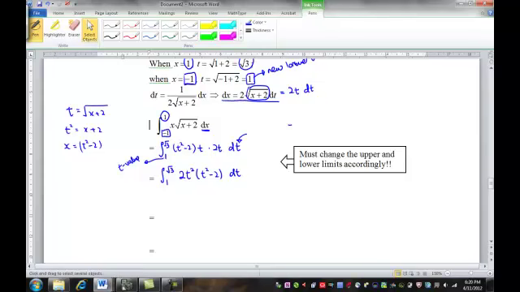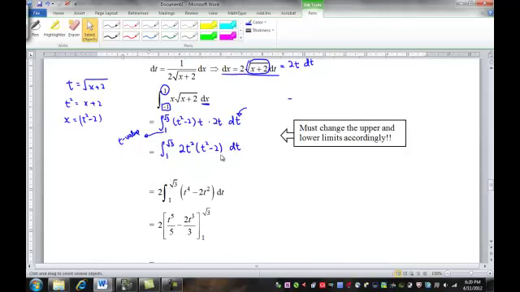Alright, then now it's just a normal integration problem with definite integrals. So how do you do? First, you integrate the expression. To integrate this expression, of course, we take out the constant 2 and we expand out, which we get t power 4 minus 2t squared. Lower limit 1, upper limit square root 3. So what do we do?